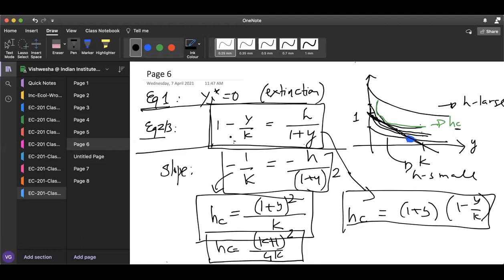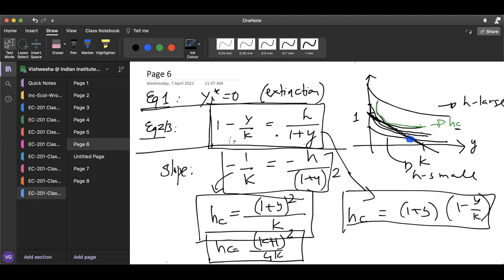The left-hand side slope is just, the first term is 0, the second term is just a constant, minus 1 over k. The right-hand side slope is h divided by 1 plus y square, with a minus sign. Okay, got it. So not only equating the equilibrium values, but also the slope at the equilibrium.